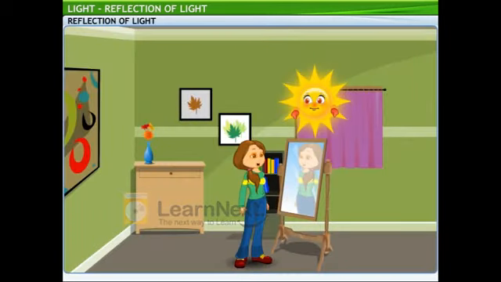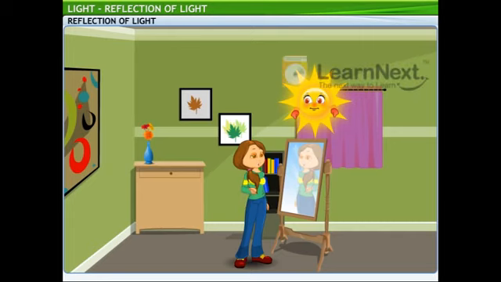In addition to the beam of light, I can see myself in the mirror as well. Of course. That's what happens when you stand in front of a plain mirror. It is because of the light from your body reflecting from the mirror.